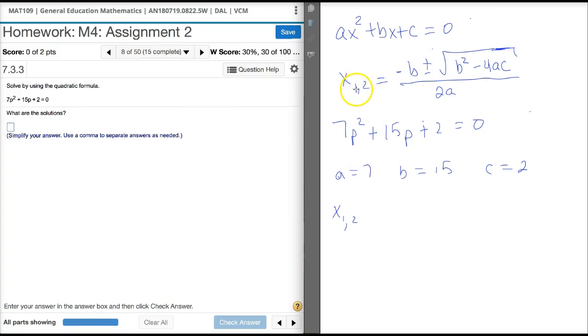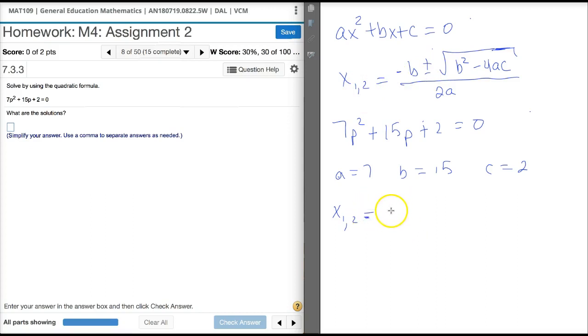I'm putting a 1, 2 here to express that when I use the quadratic formula, I can have up to 2 answers. The one with the plus will be the x sub 1 answer, and the one with the minus will be the x sub 2 answer.